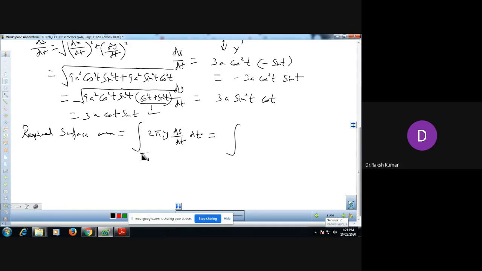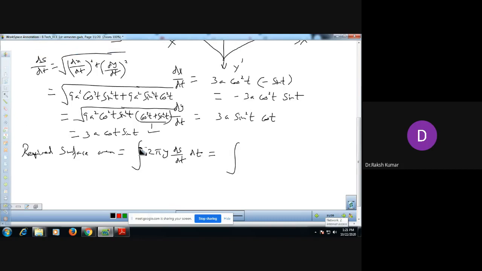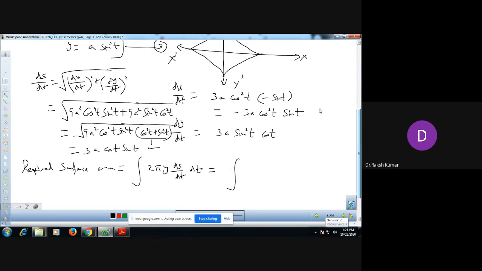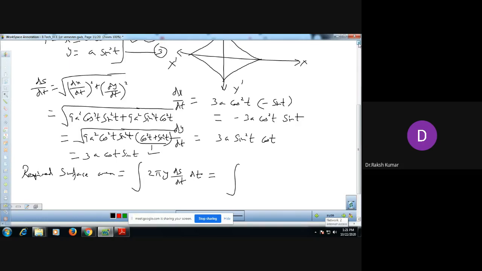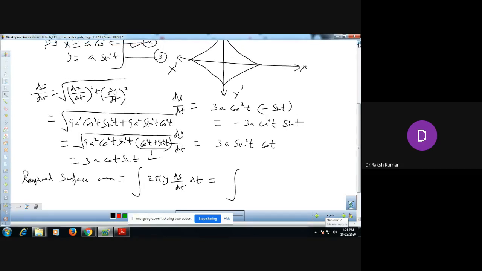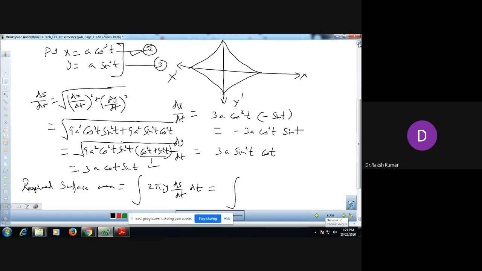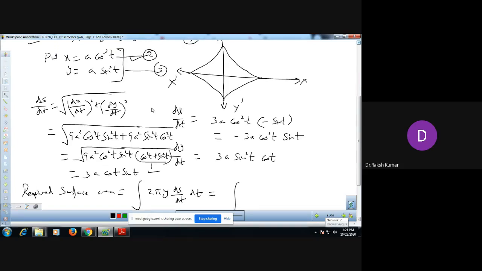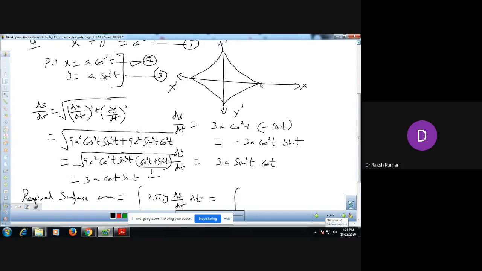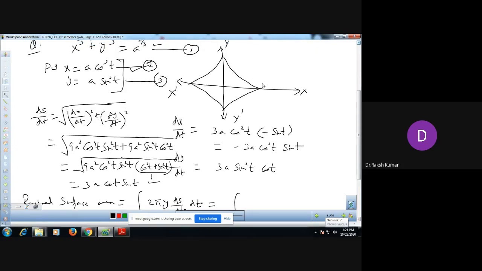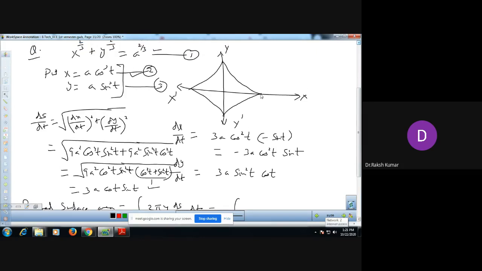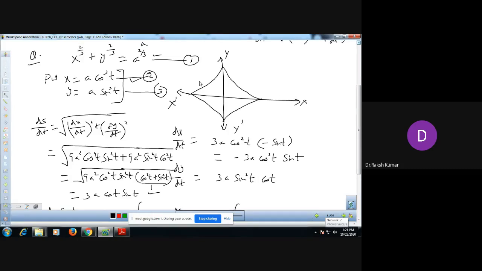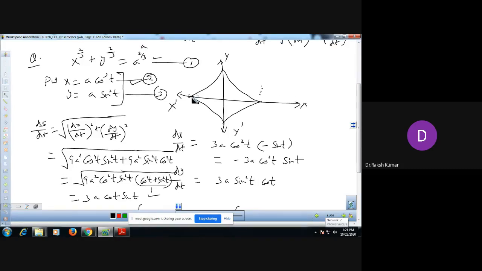And one more thing, you have to revolve about the x-axis, and it is clear this is the x-axis we have, this one. So when you revolve it about the x-axis, you need to find the surface area within the limits. At this point you should have 0, and at this point we should have pi.